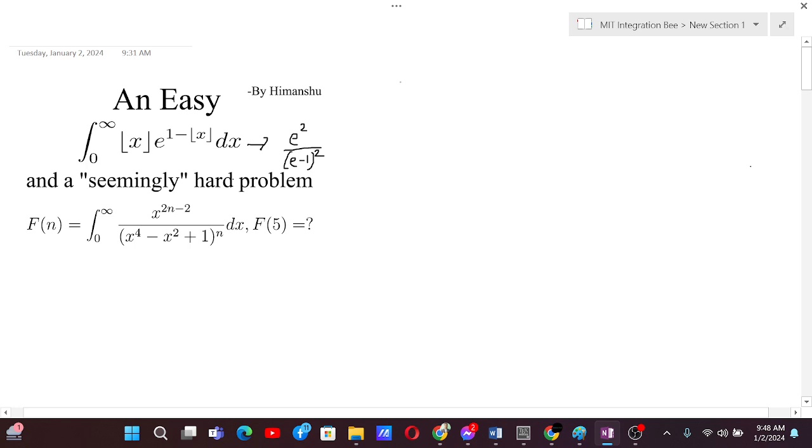Okay, so we basically have the function f of n as the integral from 0 to infinity of x to the power 2n minus 2 by (x to the power 4 minus x square plus 1) to the power n, dx. We need to find f of 5.